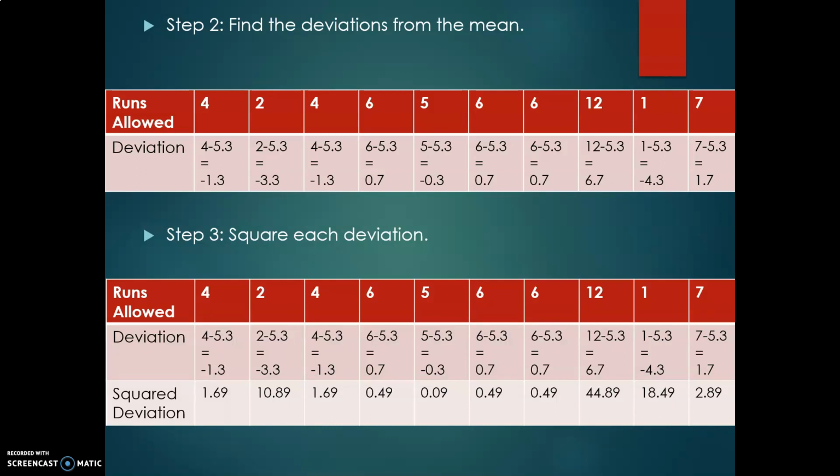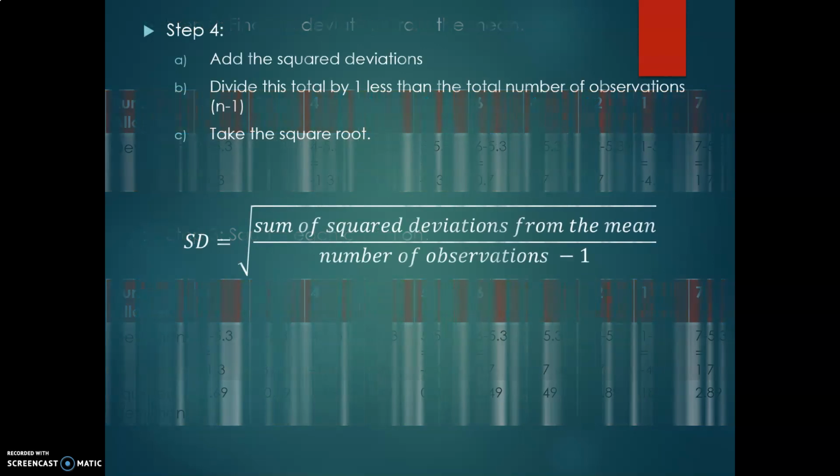If you square each deviation, obviously we get positive values now, and you can already see how much larger these values are than just taking the absolute value. In particular, if you look at the 12-run game, that's 45. That is a massive amount, larger than what it was before of just 6.7.